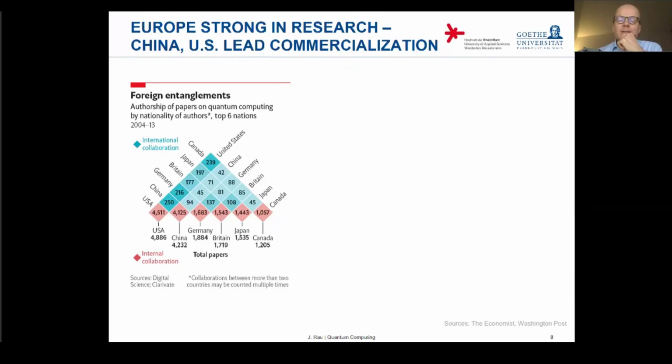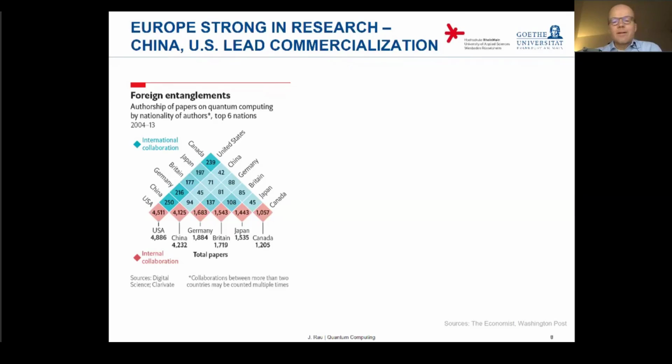If you look at research efforts, I found this nice graphic here, which shows the number of publications in a certain period as one metric for the research activity for various countries.